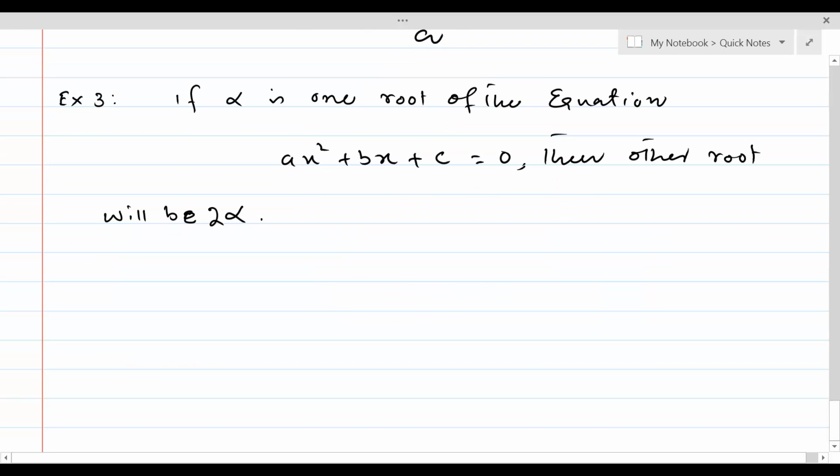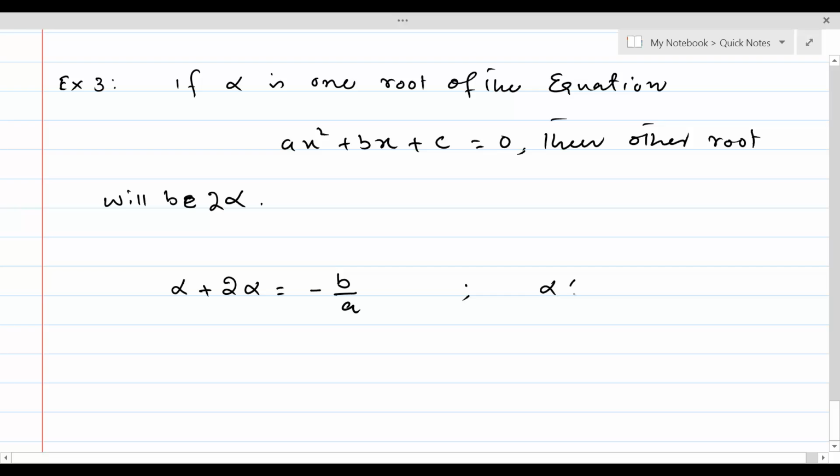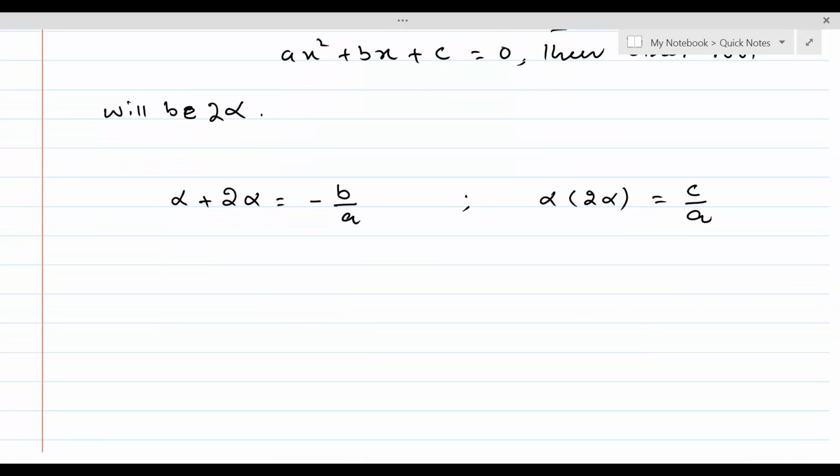And just the way we have done the previous question, alpha plus 2 alpha, the sum of the roots, 3 alpha is equal to minus b over a, and the product of roots, alpha times 2 alpha, is equal to c over a. Now we will find the value of alpha from equation 1 and substitute it in equation 2, and that will give us the required condition.